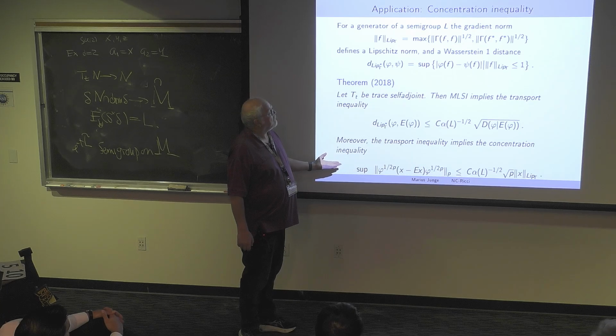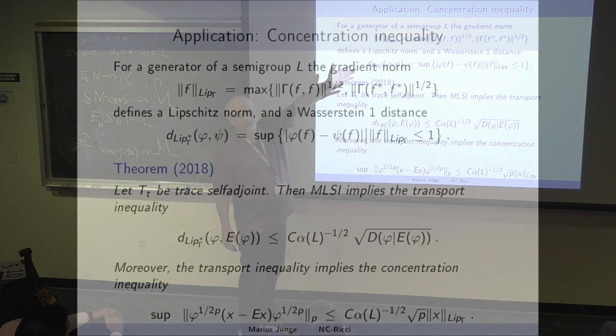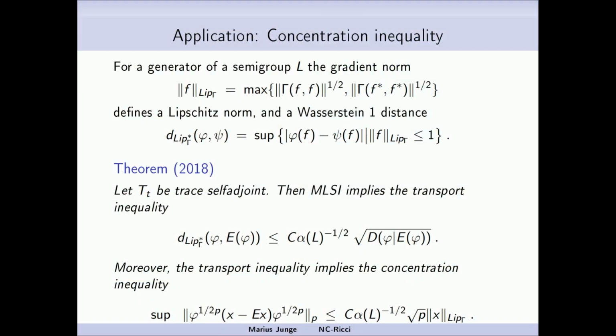Good. An application of MLSI inequalities are concentration inequalities. Once I have such a gradient form, I can define a Lipschitz norm. That's totally obvious. We define the gradient, we do it self-adjoint, right? If it's self-adjoint, you only have one term. We take this gradient, 1/2, that's our Lipschitz form.